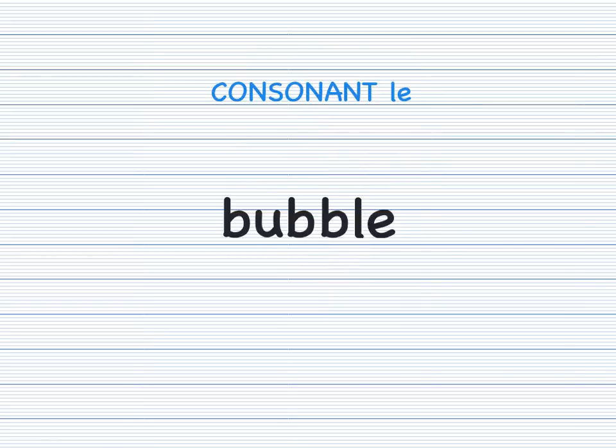Our next syllable type is a consonant LE. We have a special rule for the LE, and we just start at the end and we count back 3. 1, 2, 3, which tells us where to divide our syllable. We still underline our talking vowel, but the other one we know to count back 3. 1, 2, 3.